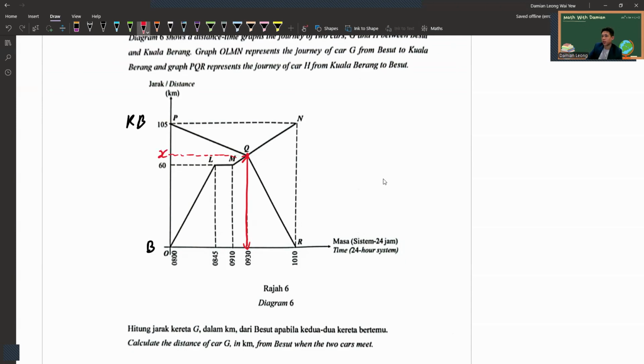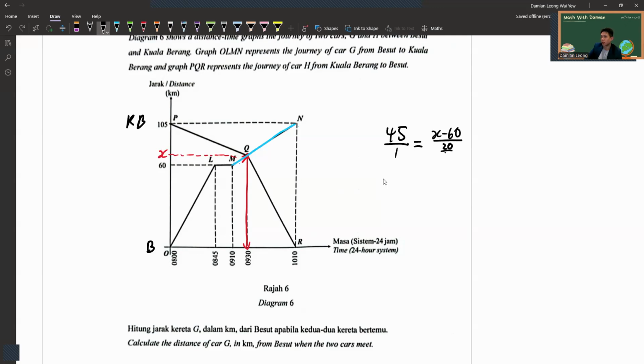Let's call this X. This whole line should have the same speed because it's the same straight line, so the gradient should be the same. Change in distance 60 to 105, so it is 45, over change in time 9:10 to 10:10 is 1 hour, equals change in distance here, x minus 60, over change in time, 20 minutes.